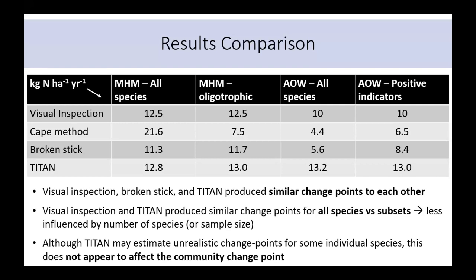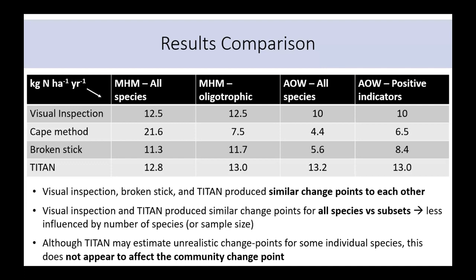On my table, the rows show the results for each of the different 4 methods, and the column headings tell you which data set we ran through that method. So remember I said I took subsets of each of our 2 main data sets. For our mountain hay meadows, we ran all species.